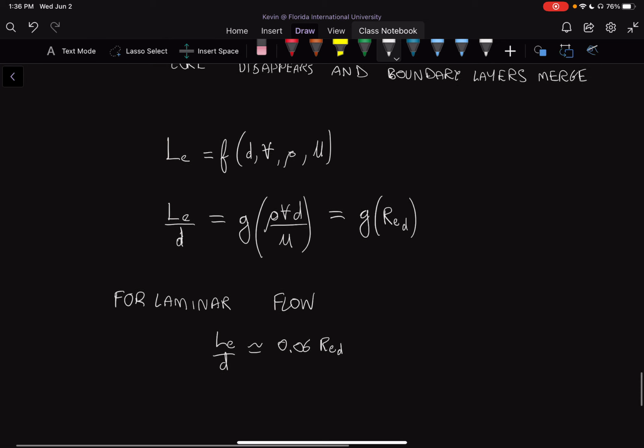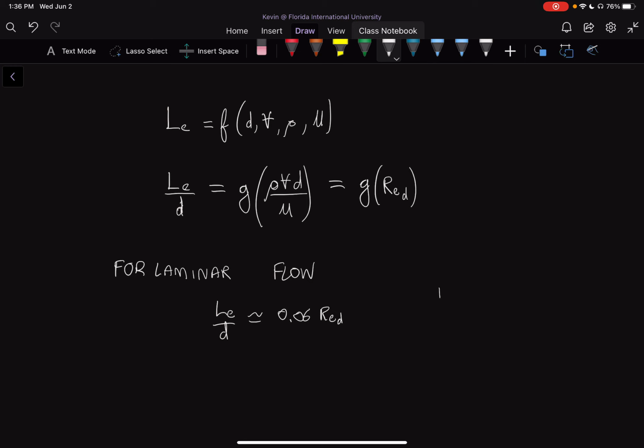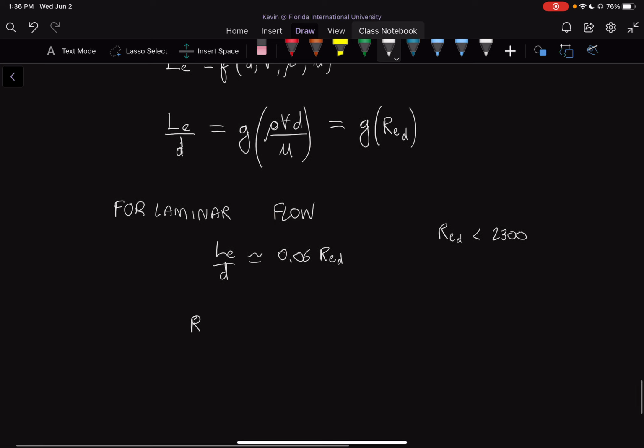Okay, so this has to be used for Reynolds number less than 2,300. That means if we have a Reynolds number less than or equal to 2,300, which would be our limit for what is considered laminar flow, our max entrance length would be equal to the following.